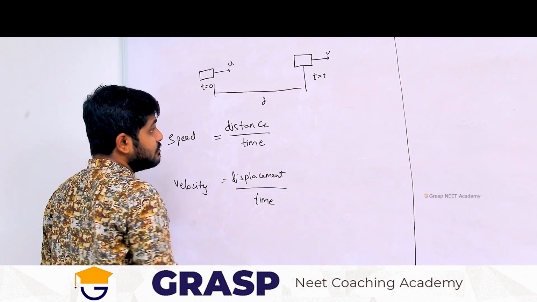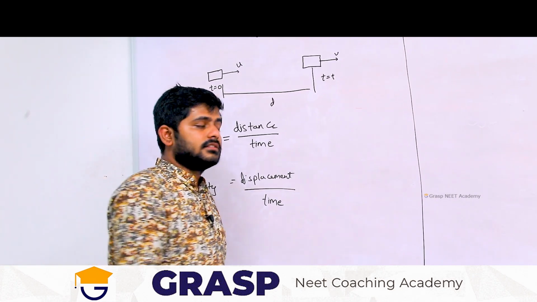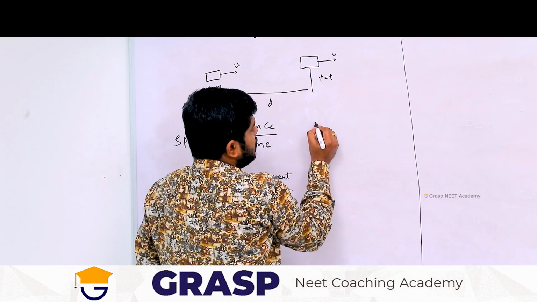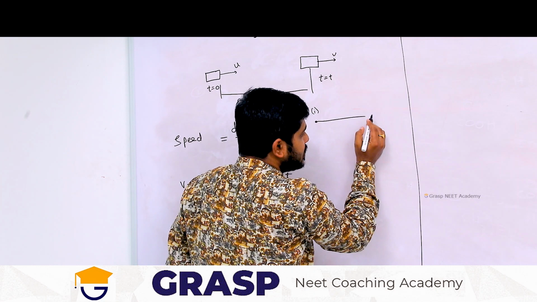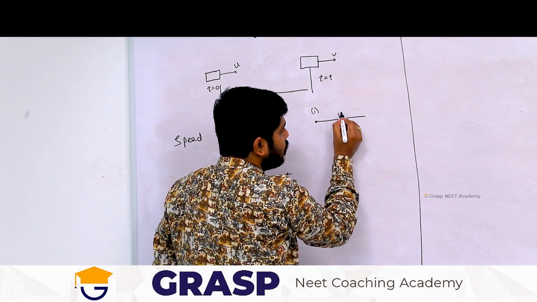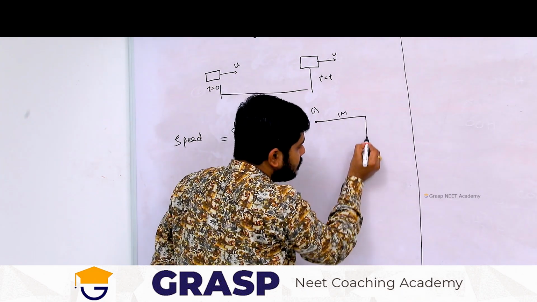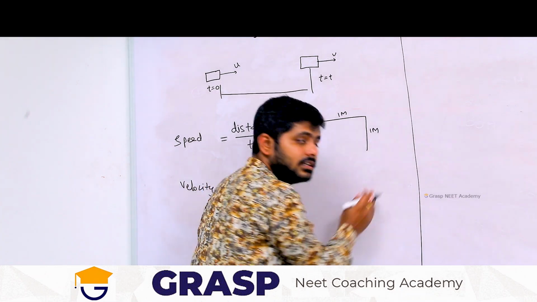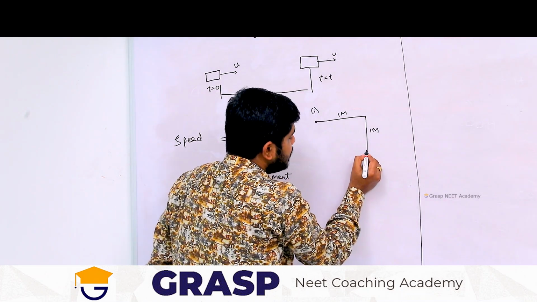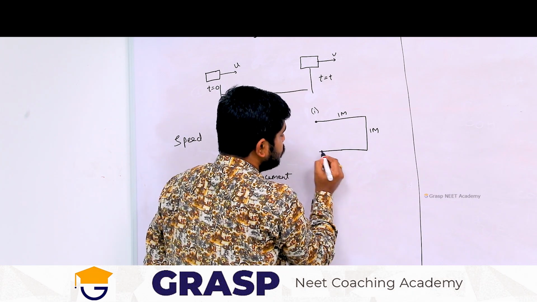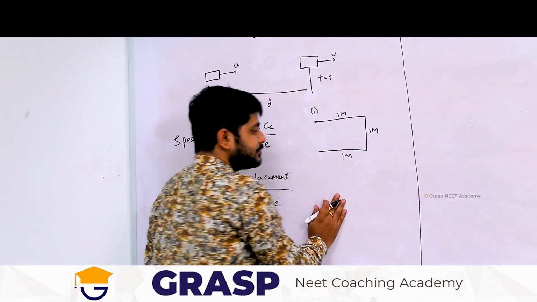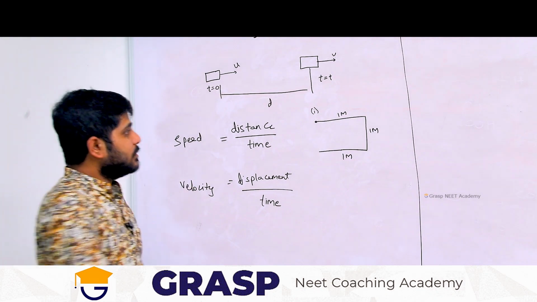What is the difference between displacement and distance? Initially the particle is at this position. It travelled 1 meter in this direction, then travelled down for 1 meter, and again it came back 1 meter.